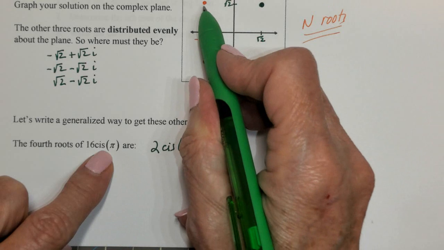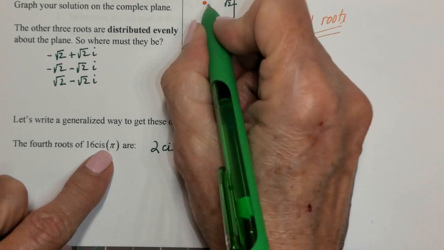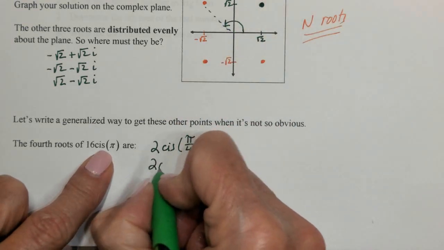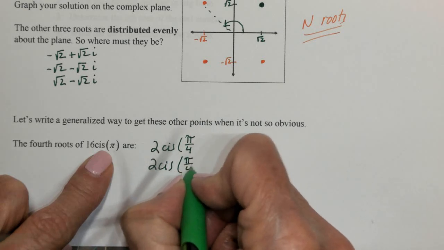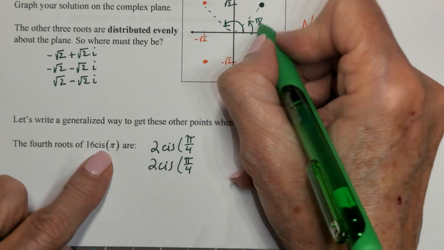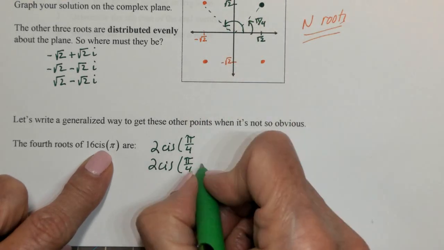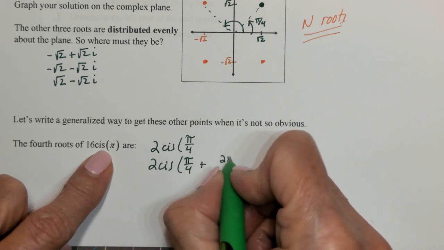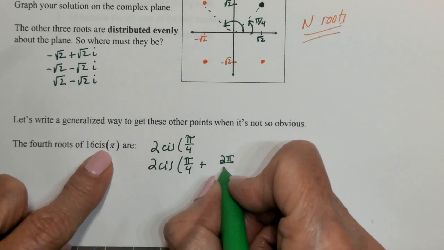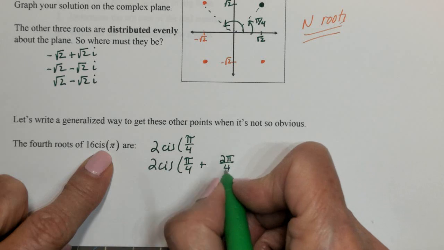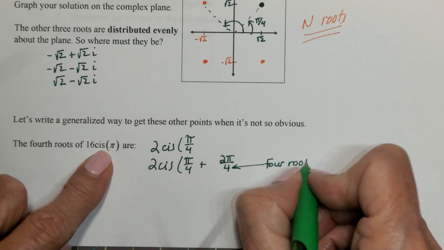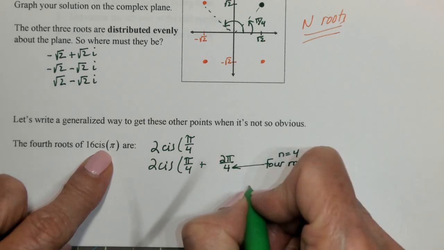However, I'm not going to put this bracket on quite yet. To get to the next point, that next angle, do you agree, is going to be 3 pi over 4. I'm going to take my original pi over 4, and I'm going to add to that 2 pi divided by the number of roots that I'm finding. 2 pi over, in this case, 4, because I had 4 roots. N was 4, okay?